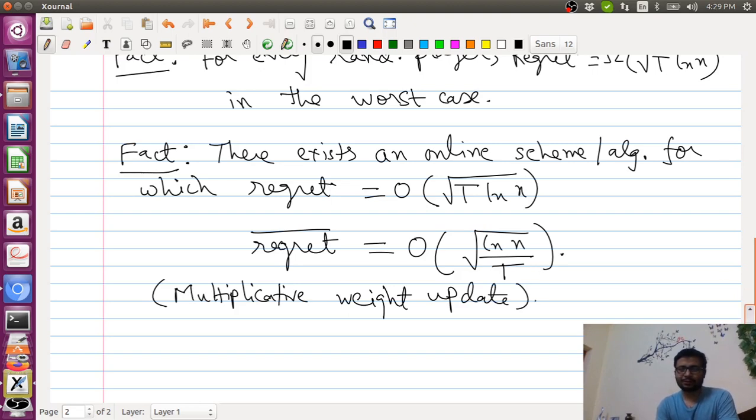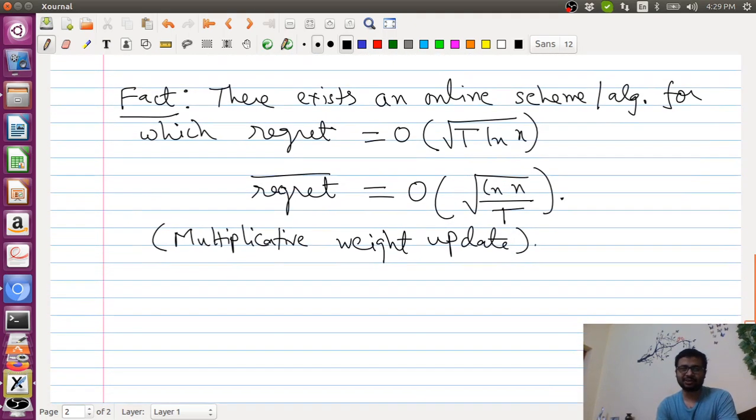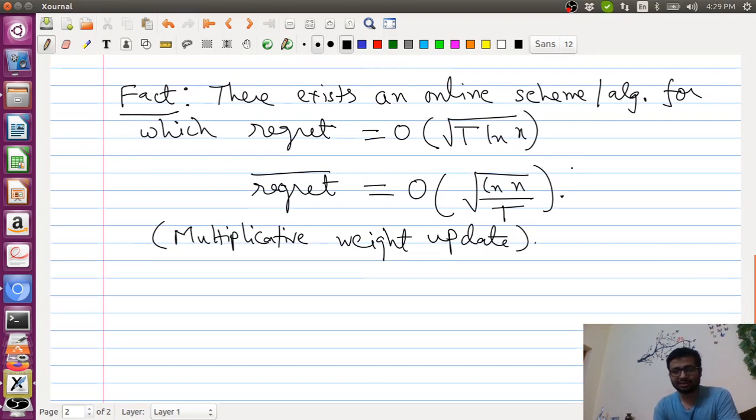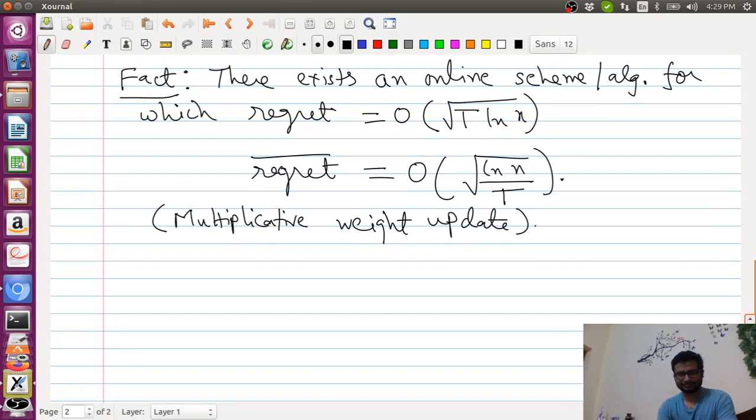For the purpose of proving the Minimax theorem, we just need the existence of this online scheme as a black box, and we do not need to know the details of how this regret bound is attained. So we won't go into the detail of this multiplicative weight update algorithm. We just assume that it exists.